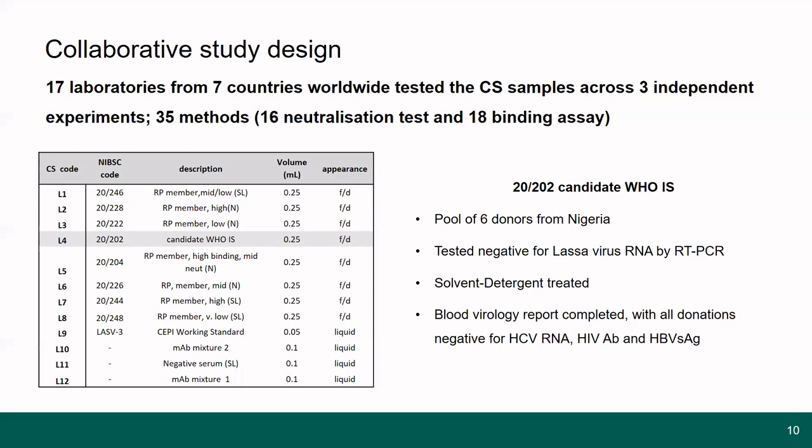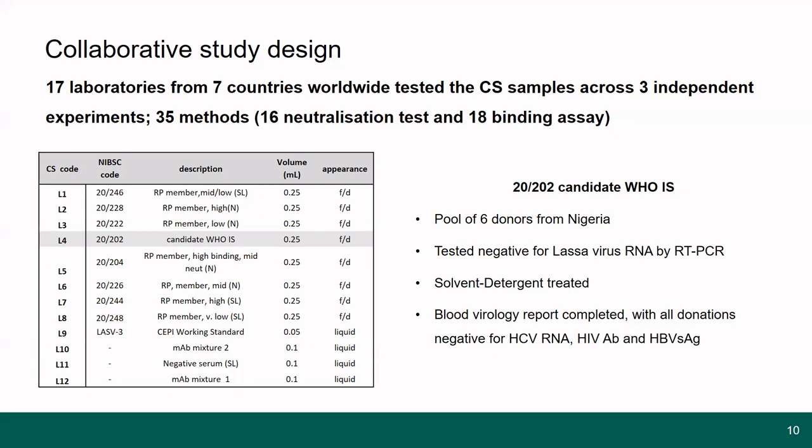For Lassa, we received results from 35 methods. 16 of those were neutralization assays. Half of them used the real virus, the other half used surrogate viruses, either lentiviral, replicative VSV, or non-replicative VSV. And then we had 18 binding assays. Of these, 13 were targeting the glycoprotein and 5 were targeting the nucleoprotein.